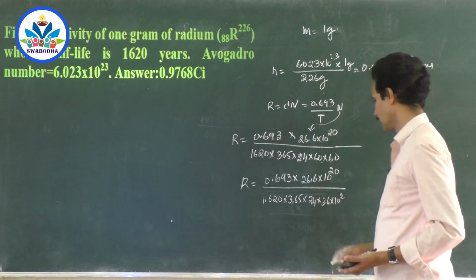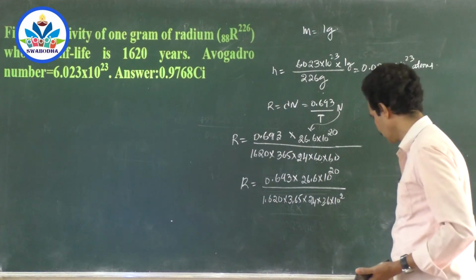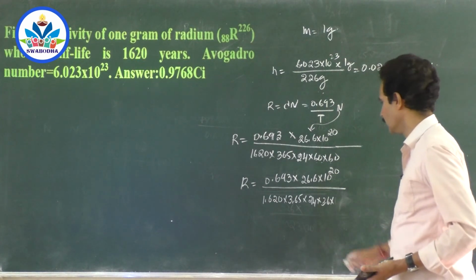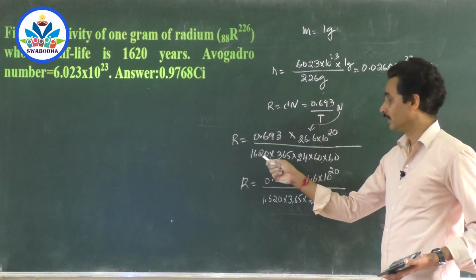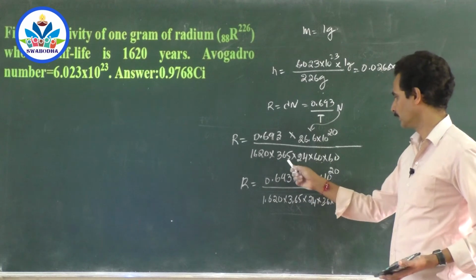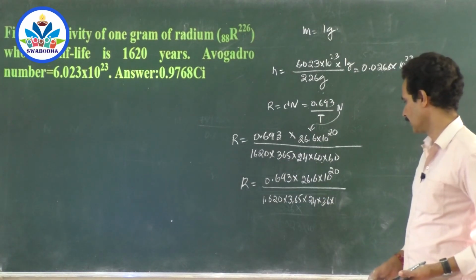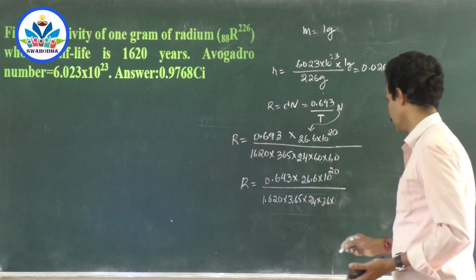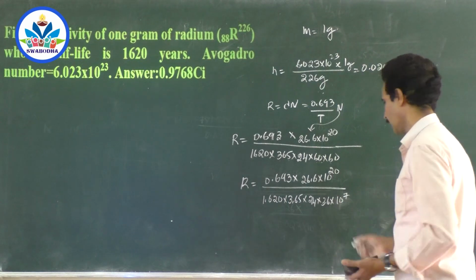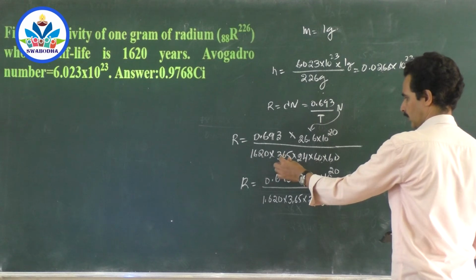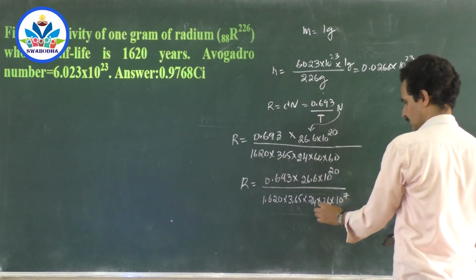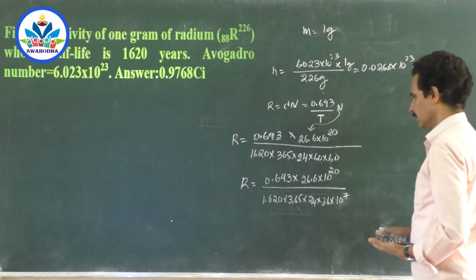Okay, 10 to the power 2 here. 36. What about here? 1.620, 10 to the power 3, 10 to the power 2, 10 to the power 5. Here 2 zeros, 10 to the power 7. Correct? Here 10 to the power 3, 10 to the power 5, and I would consider 36, not 3.6, 10 to the power 7. So now I will divide.